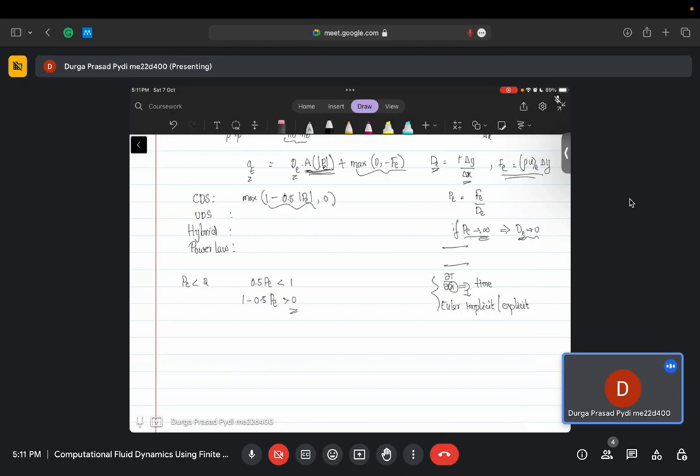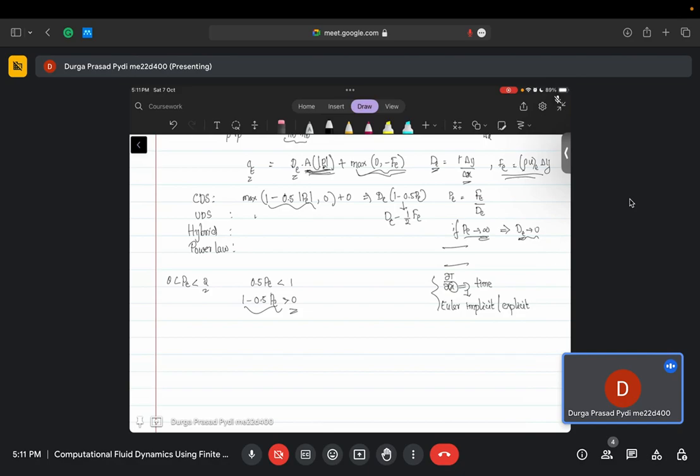In that scenario, the maximum of 0 comma minus Fe, since the Peclet number is positive, say it is 0 to 2, will be 0. So this will essentially give you dE times 1 minus 0.5 Pe, which is equivalent to dE minus half Fe. That is the same equation that you get in your CDS.